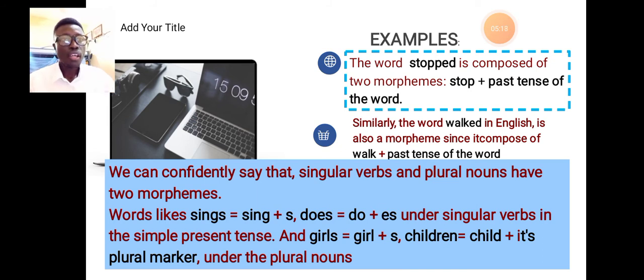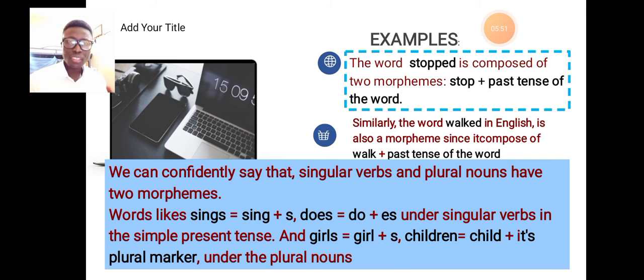And of course another word like does also has two morphemes put together to give us this word does. So we can see that it is do plus es, under the singular verb in the simple present tense.